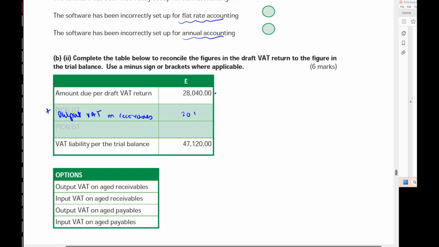So the draft VAT return says 28,040. I need another 20,800 to be added on to get to what the trial balance says. And then I deduct the input VAT on payables because that gets reclaimed.